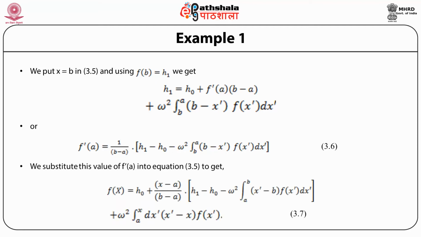Now we substitute the value of f prime a into the original equation, and we get then f of x is equal to h naught plus x minus a divided by b minus a multiplied by, within brackets, h1 minus h naught minus omega square, an integral from a to b over dx prime of fx prime x prime minus b plus omega square, an integral from a to x of dx prime x prime minus x into fx prime.